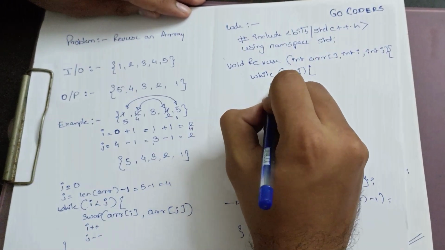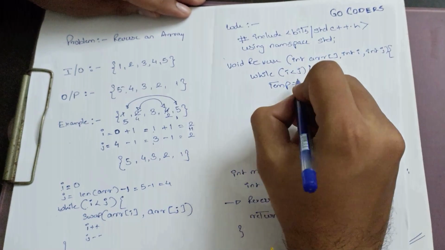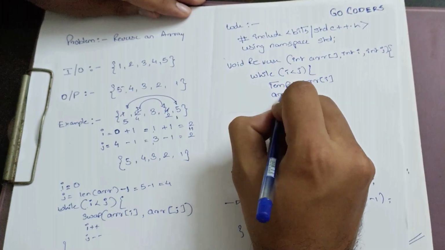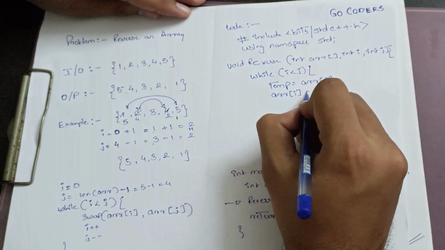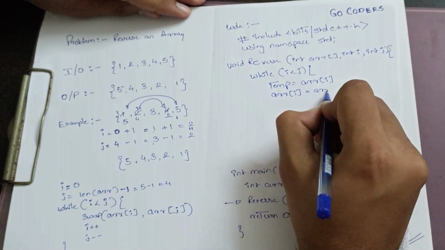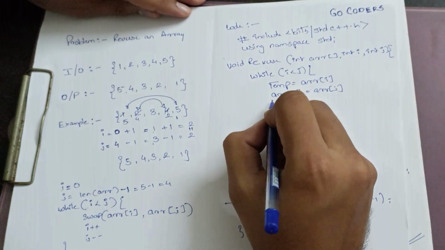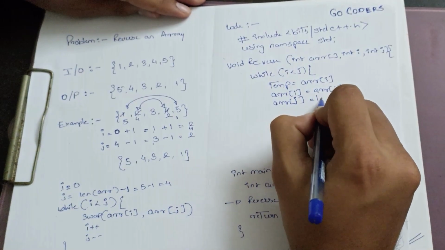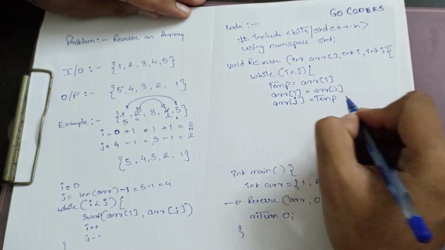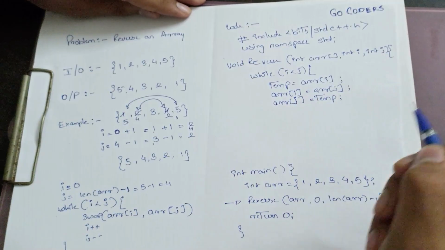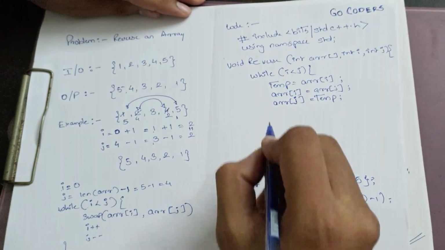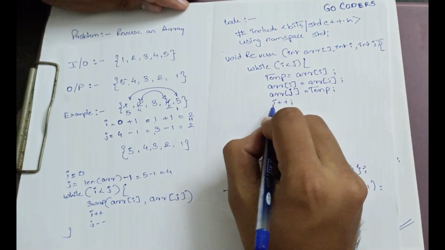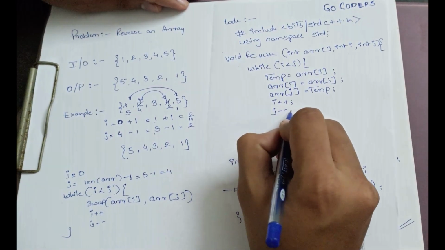For swapping, let's take a temp variable which should hold the element at i, then replace the element at i with the element at j, and then the element at j will be replaced with the value inside our temp variable. Okay. After that, we have to increment i by 1 and decrement j by 1.